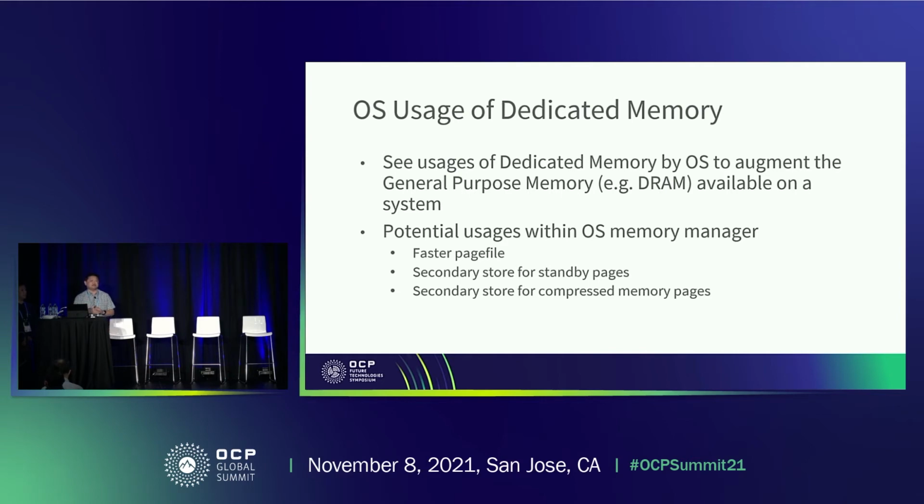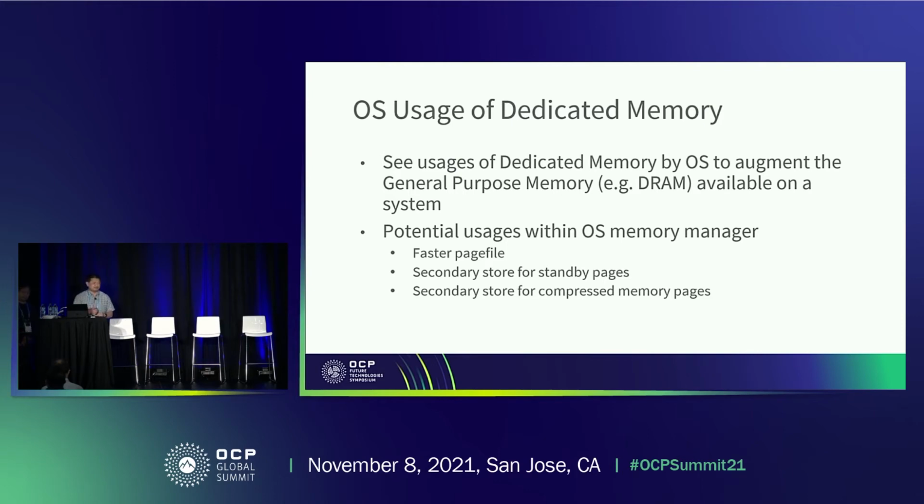As alluded to earlier, the presence of a dedicated memory isn't only reserved for application uses. Obviously, from the OS perspective, there are features within the OS where we can take advantage of dedicated memory if, say, there are no applications using it.